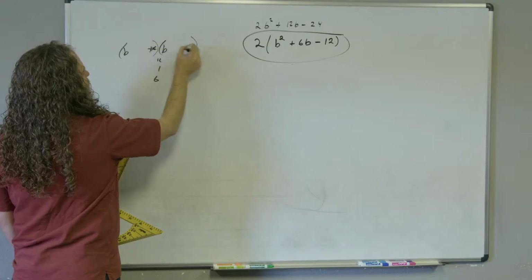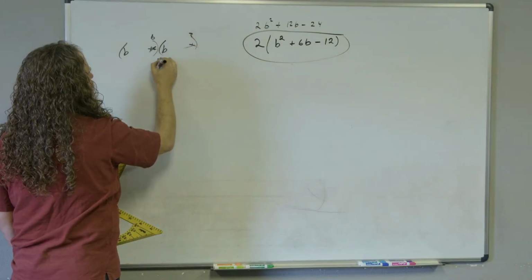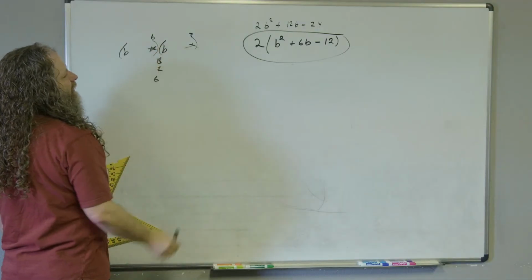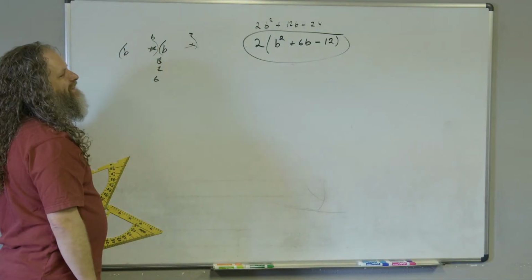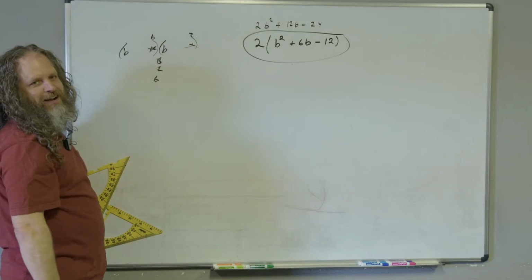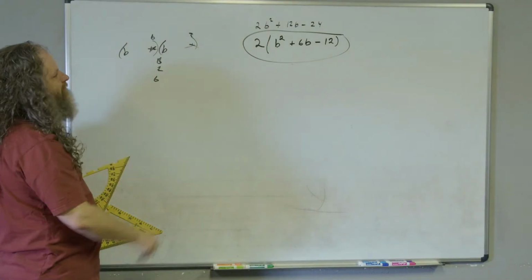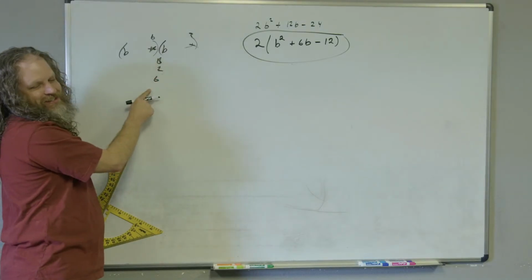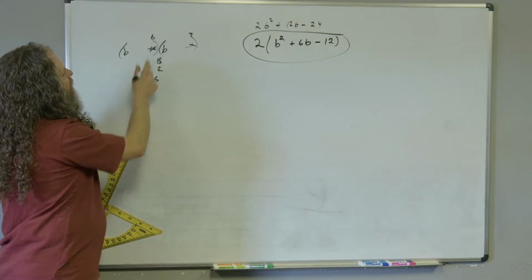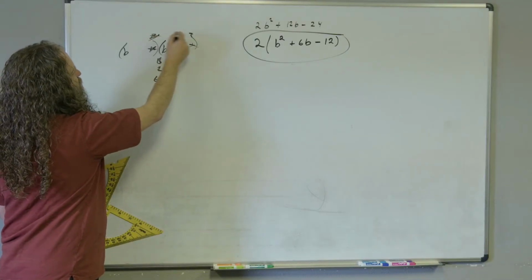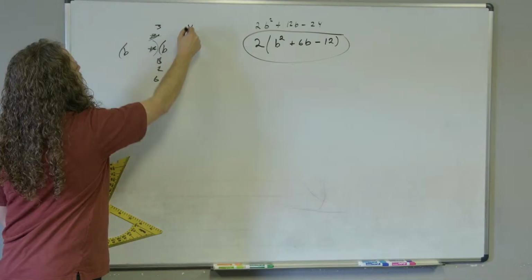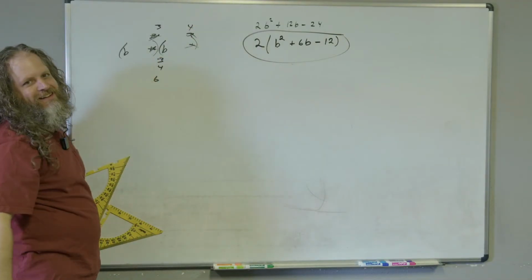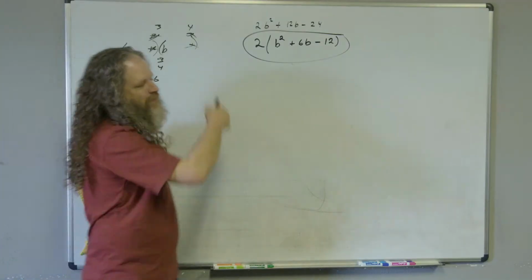Then we try again. 6 and 2. 6 times 2 is 12, right? That's how I got those numbers. Can I add or subtract these numbers to get 6? No. So try 3 and 4. Can I add or subtract those numbers to get that? No, we tried everything. Doesn't factor, so circle it.